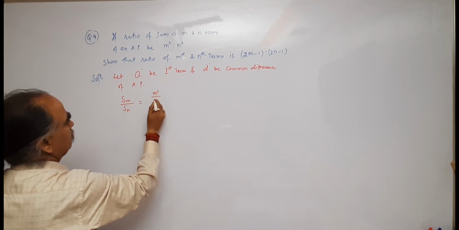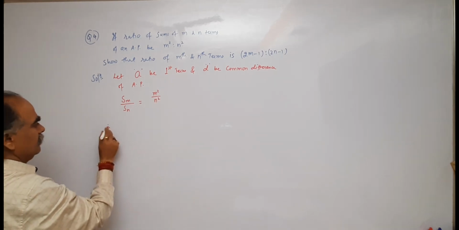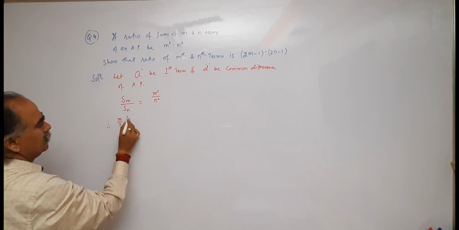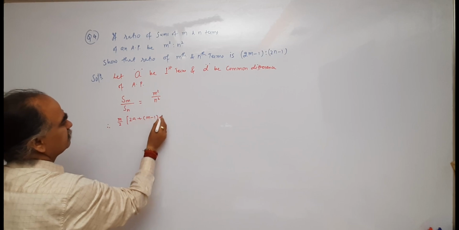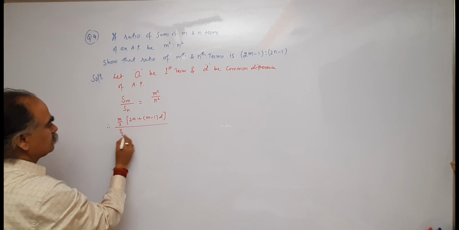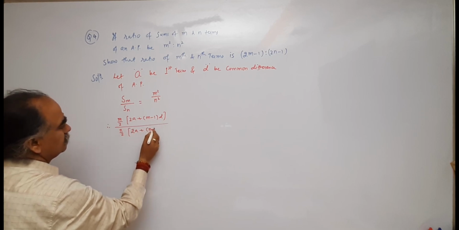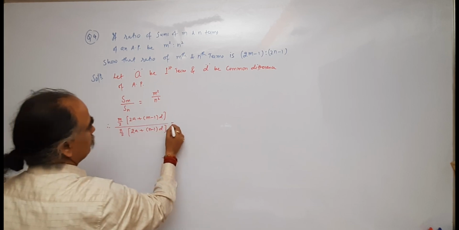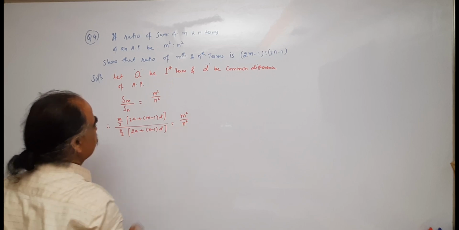M square by n square. Sm by formula is what? M by 2 into 2a plus m minus 1 into d, divided by n by 2 into 2a plus n minus 1 into d, is equal to m square by n square.